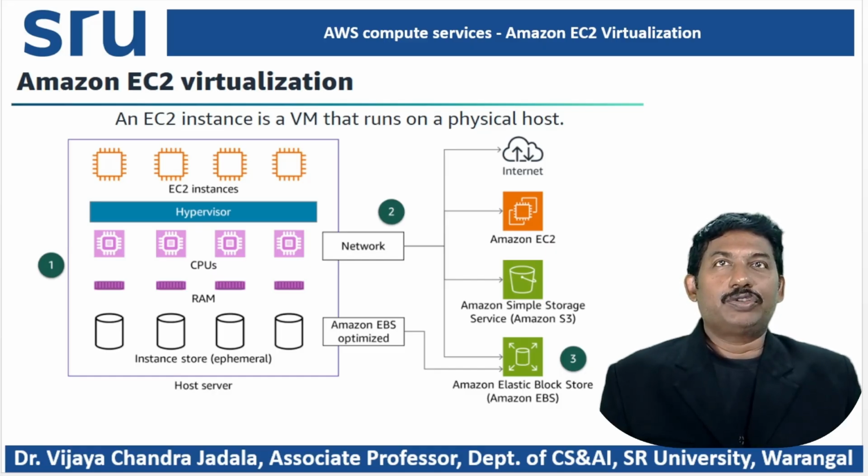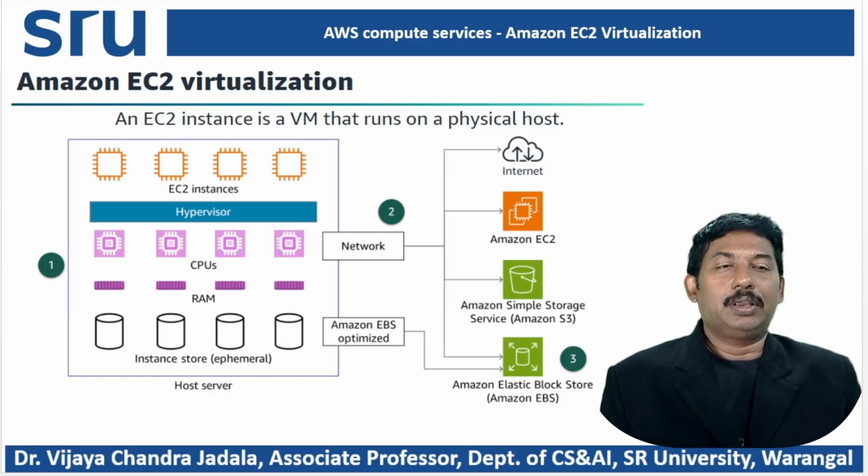So EC2 virtualization related, we have 3 steps. At step 1, we are going to accept the EC2 instance, which is on the hypervisor, directly connected to the different CPUs, RAMs, as well as storages.